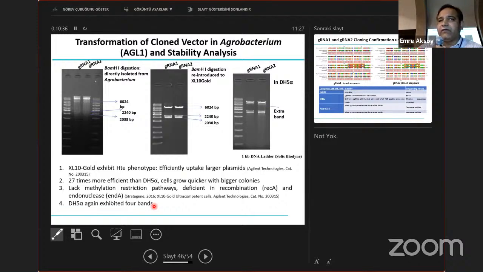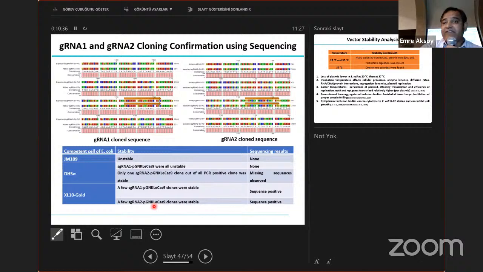The point I quickly want to make here, which we faced in our studies, and maybe people working on genome editing did not face: when we were trying to clone these CRISPR constructs in E. coli, transfer our vector in E.